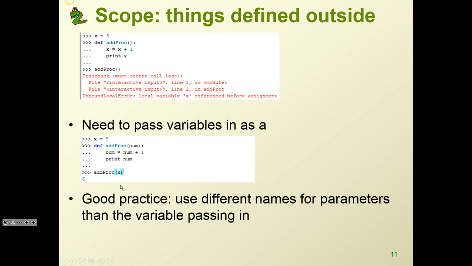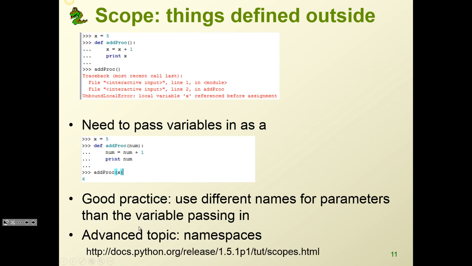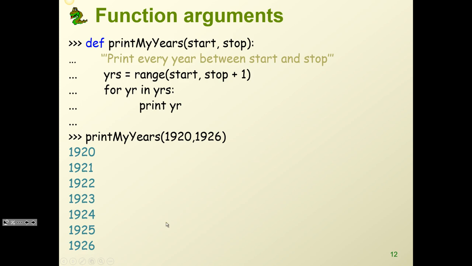I could actually define something in here that has the name x, and it will be a different instance of that variable name, which can have a totally independent value. Namespaces are an advanced topic that we won't go into, but if you want to get into advanced Python, that's something you probably need to learn about.